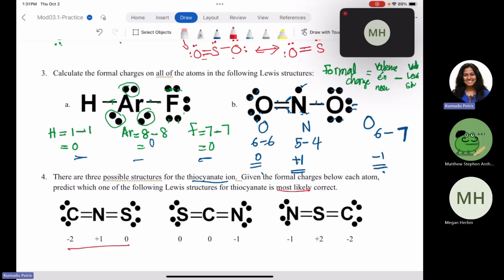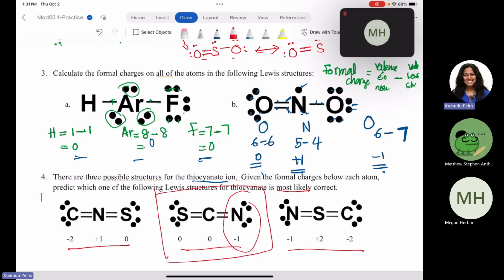The middle one has plus one and minus two. This nitrogen has only minus one charge. The third Lewis structure has formal charges on each and every atom. So we can find the best one as the middle one, because it has fewer charges. The most suitable Lewis structure will have the minimum formal charges.